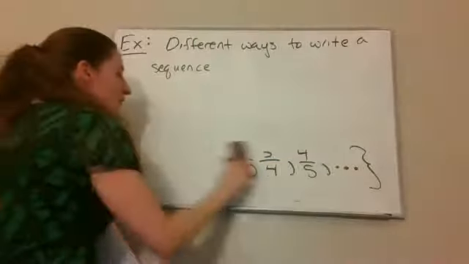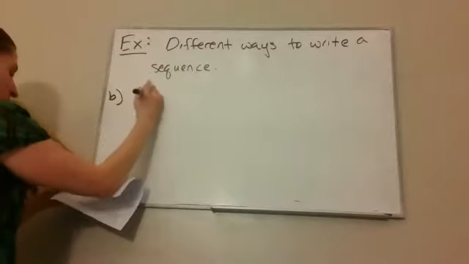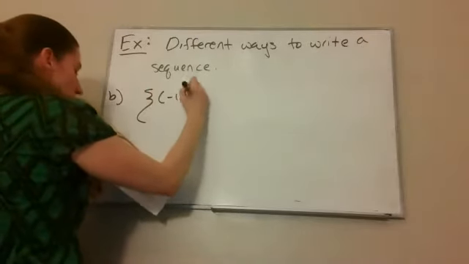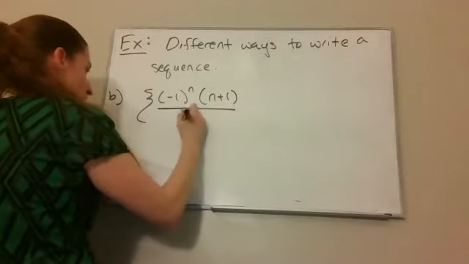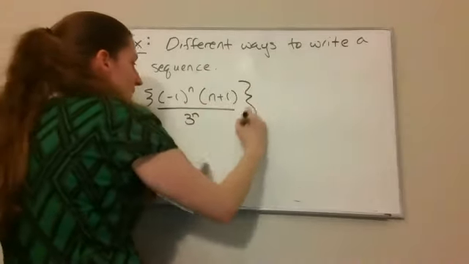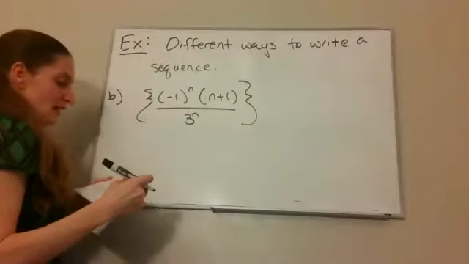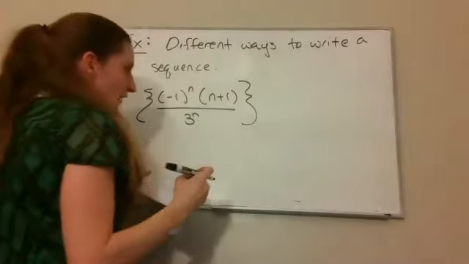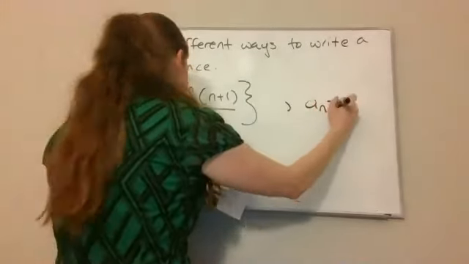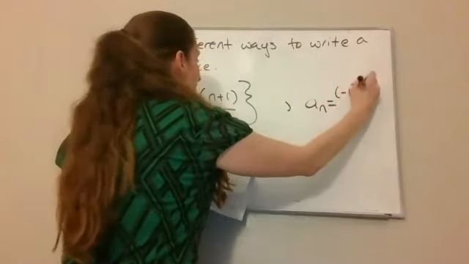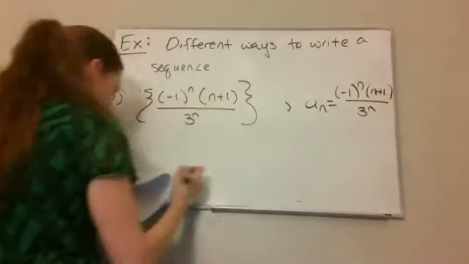Another example of a sequence written 3 ways. (-1)^n times (n+1) over 3^n. And I'm not going to write the n as 1 to infinity this time, though you could. That's a valid way to write it as well. I could also write that the nth term is (-1)^n times (n+1) over 3^n.